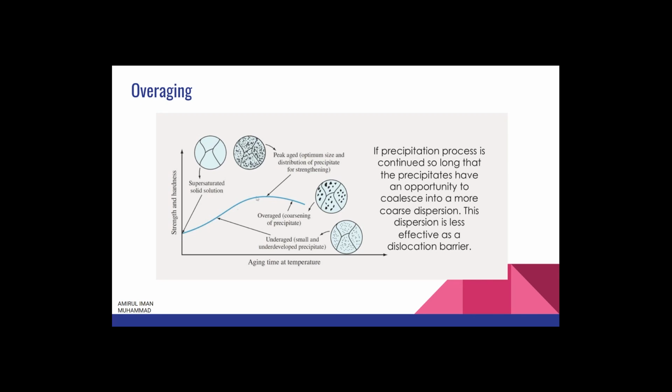If we increase the aging time until it reaches the peak age, you can see that the size and distribution of precipitates in the microstructure is optimum, meaning that the dislocation becomes harder to move through the microstructure.